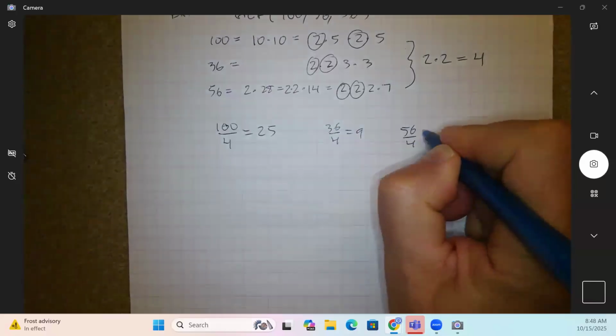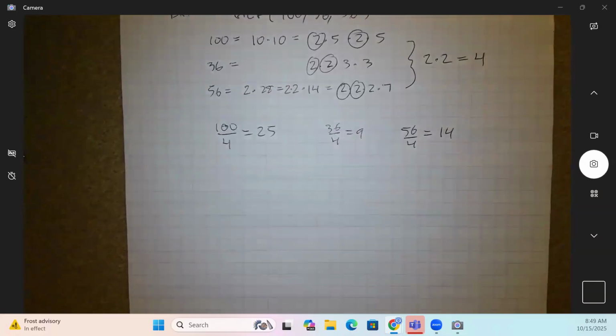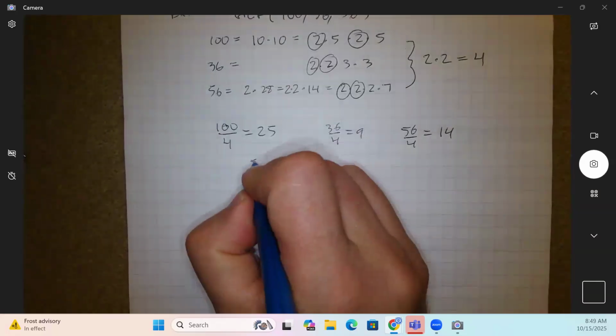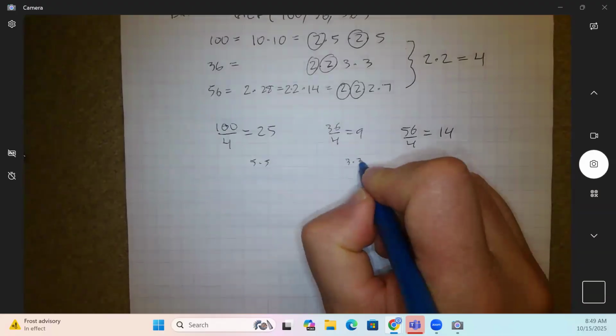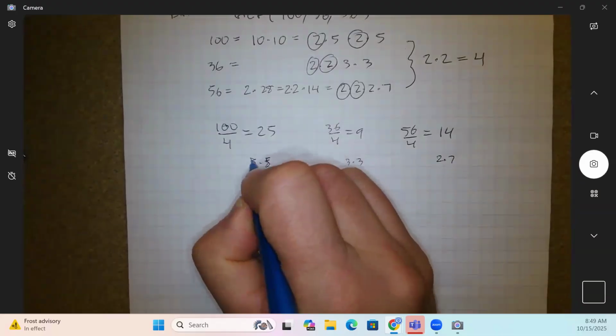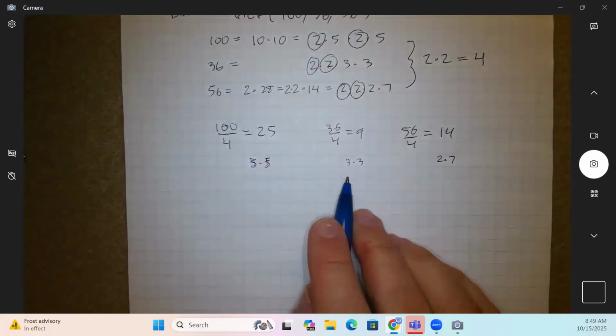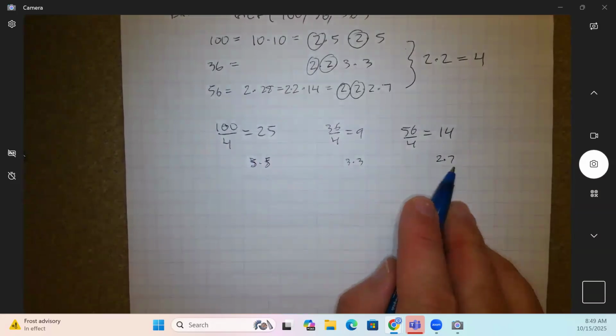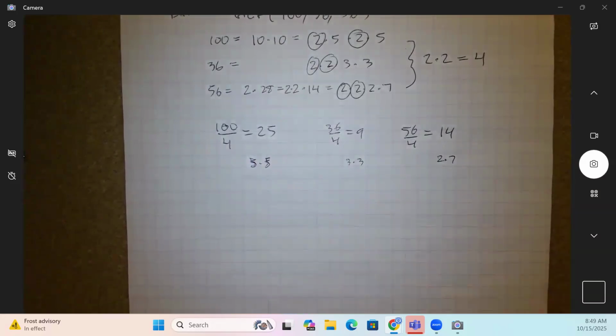And 56 divided by 4 is 14. So it is a factor. But after that, there are no other factors in common. 5 times 5 shares nothing with 3 times 3, which shares nothing with 2 times 7. So it's the largest multiplication of the primes that divide it.